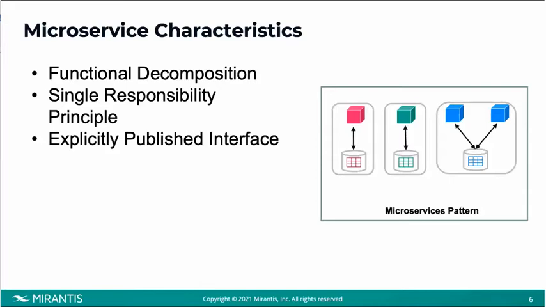So with services that are designed in such a way to fit a singular responsibility, implicit to this particular pattern is something called an explicitly published interface. So in addition to the actual core function of the service, there needs to be an additional point of development of how services consume what this particular service is going to provide. In this case, there has to be some kind of contract, if you will, across services.